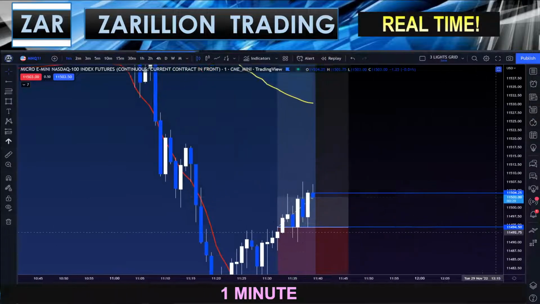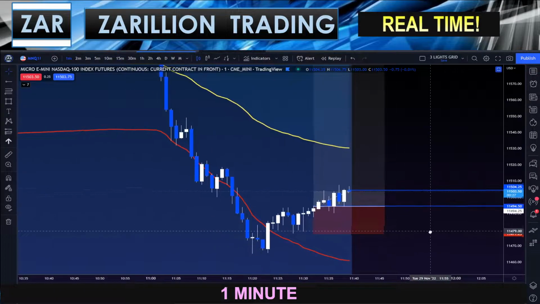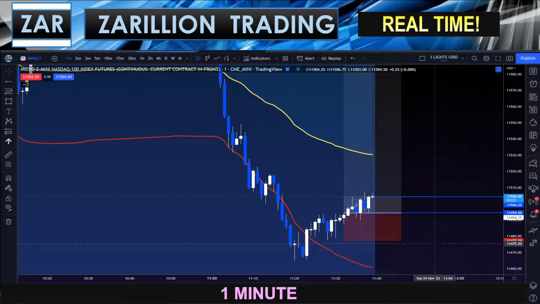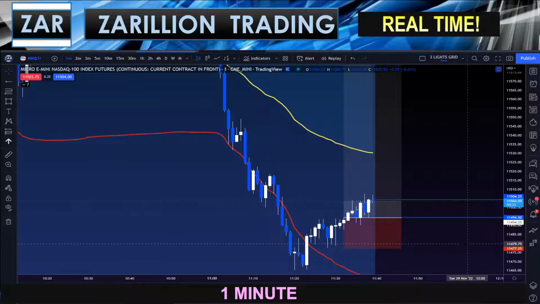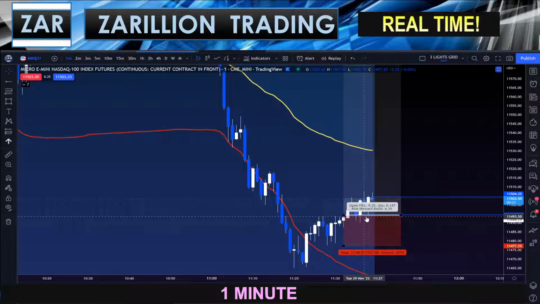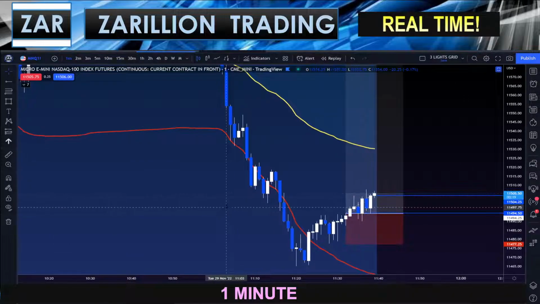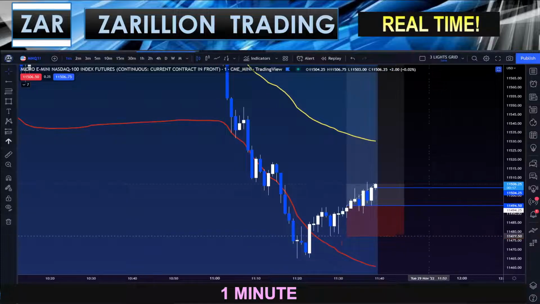And there's my second. My first position was twice as big as my second position. So it's pyramiding, right? Larger base in this case, and smaller add.